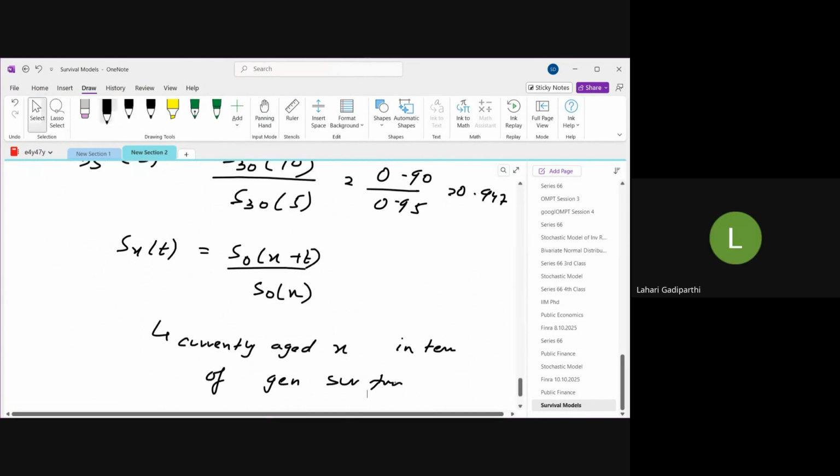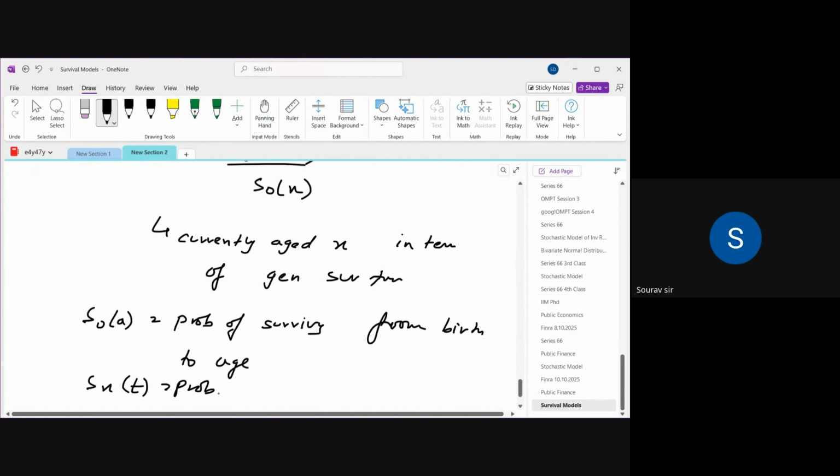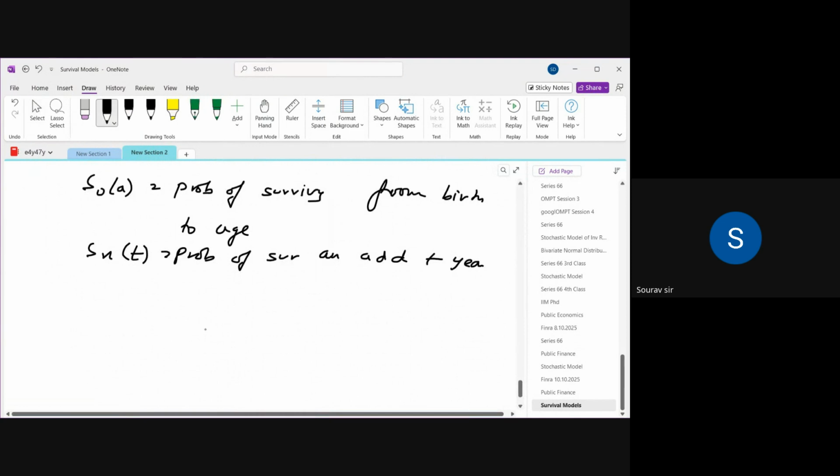So S_0(x) is the probability of surviving from birth to age x. And what is S_x(t)? It is the probability of surviving an additional t years after reaching age x.